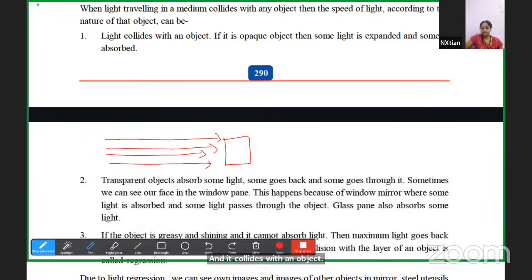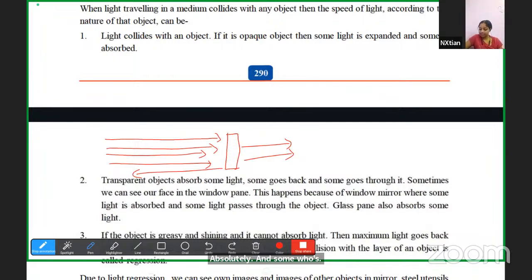If this is opaque, some light is reflected and some light is absorbed. But if there is a transparent object, it will absorb some light, some goes back and some goes through it.